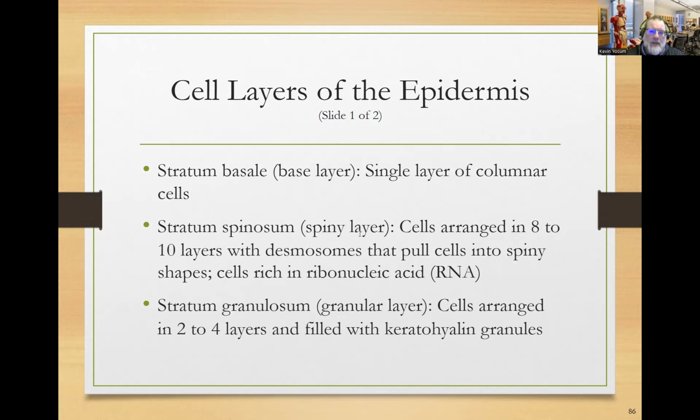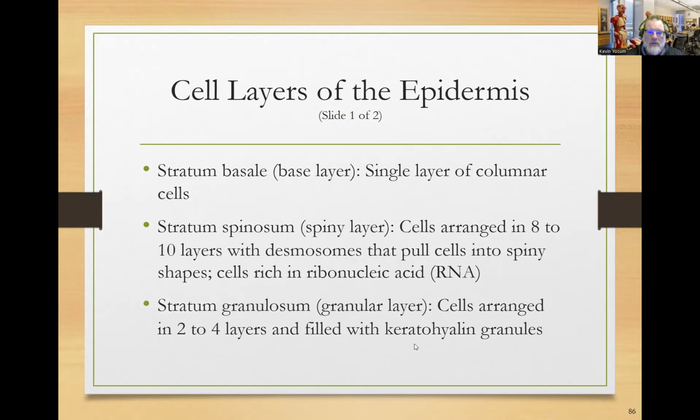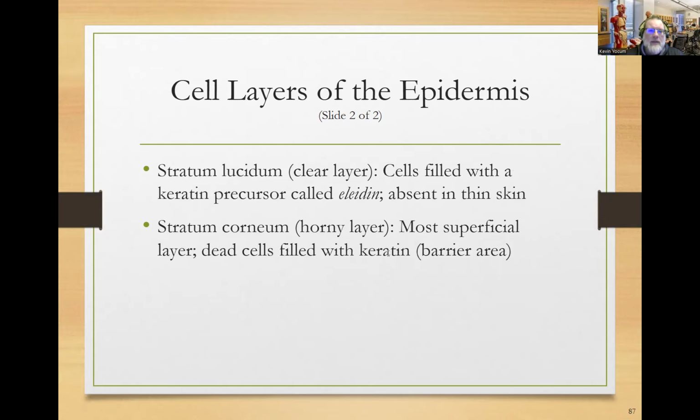So 8 to 10 layers of spinosum, and then we have the granular layer, which is in essence the waterproofing layer, 2 to 4 layers. In thick skin, there's an extra layer called the lucidum. That's the clear layer, and it provides a little extra strength and support.